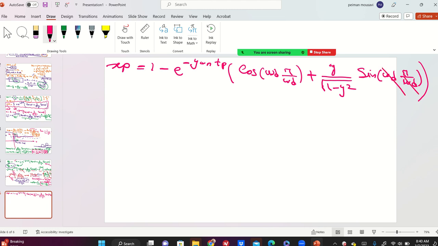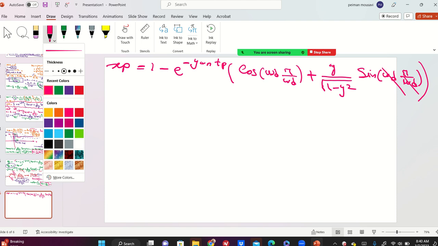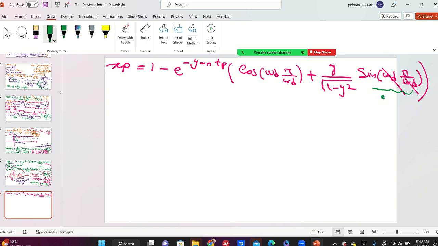How much is sine of pi from high school? How much is sine of pi? Guys, 0. How much is cosine of pi? Here we go. So x of peak is e to the minus zeta omega n.